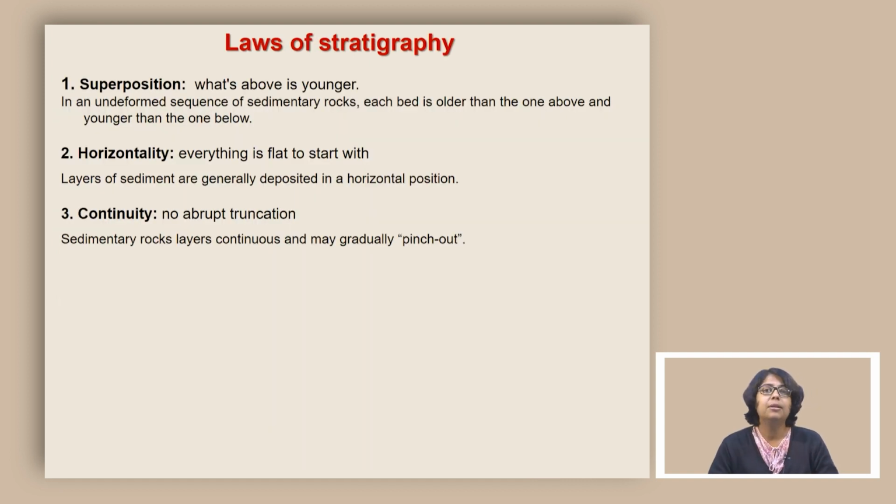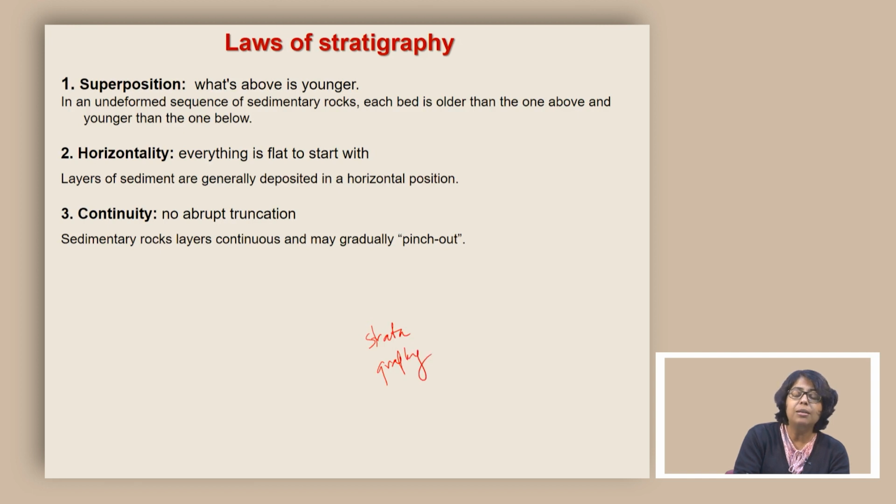And people came up with very basic laws of stratigraphy. The idea of stratigraphy is that strata means layers and graphy, as we know, basically means writing. So, it basically means the writings in the layered rocks.